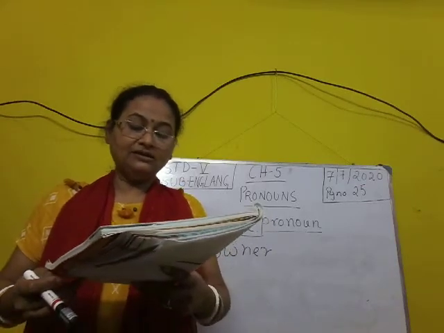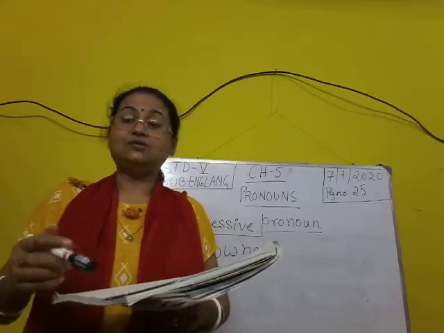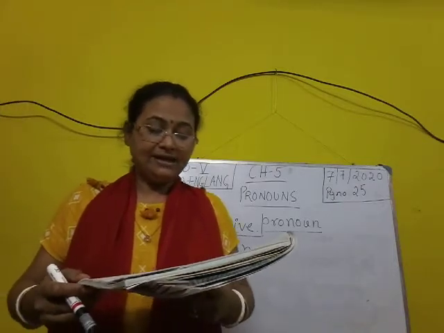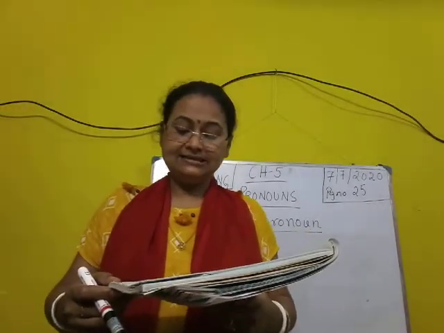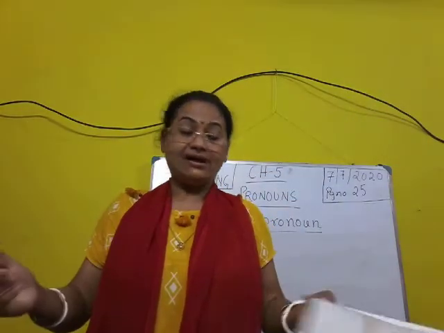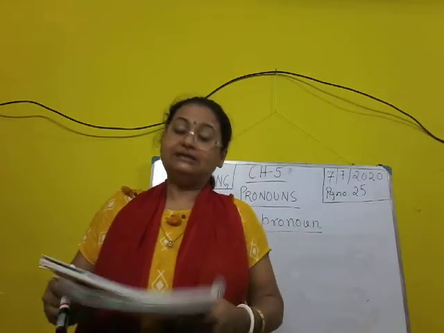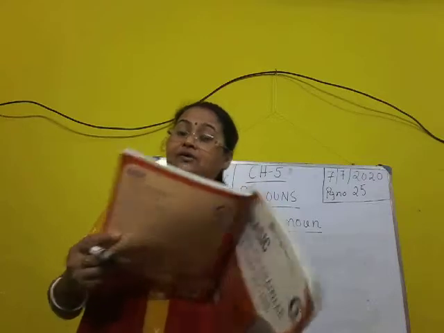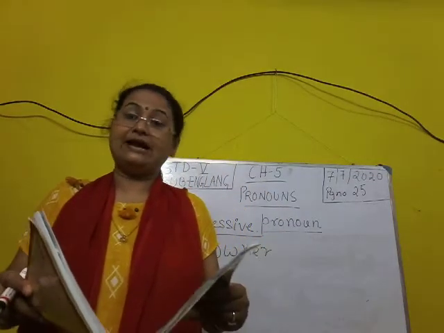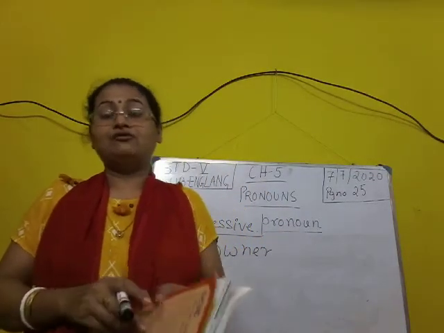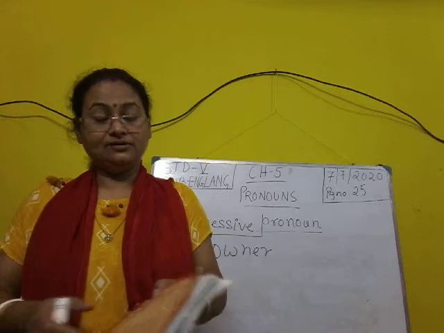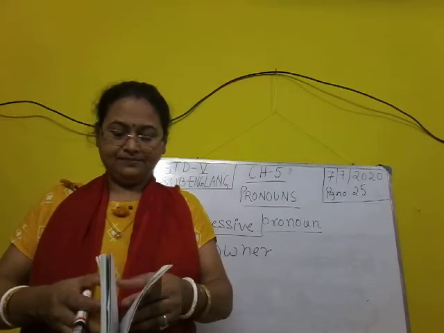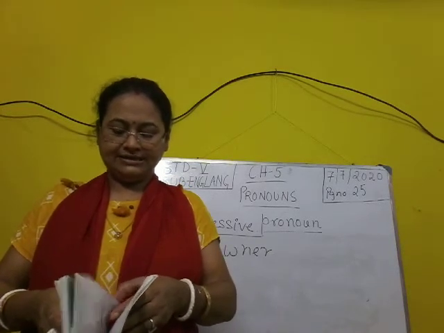That house over there is his. Then we have many aunts, uncles and cousins. Ours is a big family. Okay. So all these words written in red ink are known as possessive pronouns, and I think you have understood what possessive pronouns are. Okay. Now turn the page to page number 26.